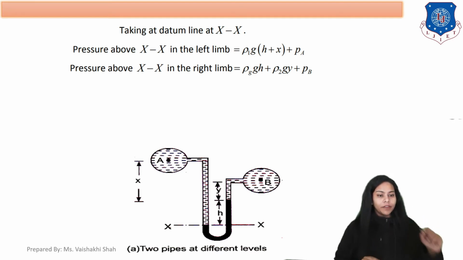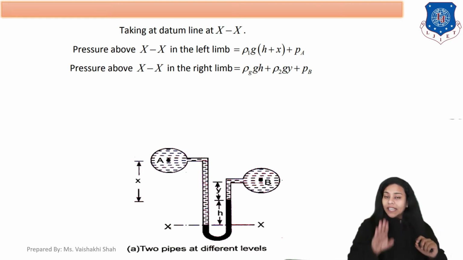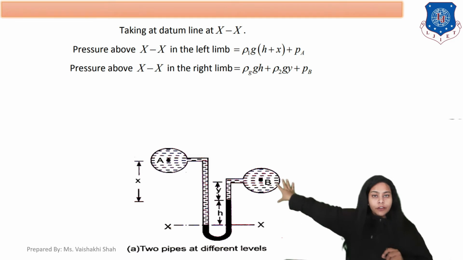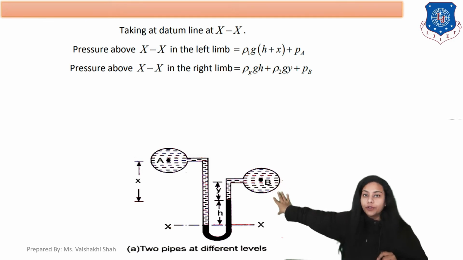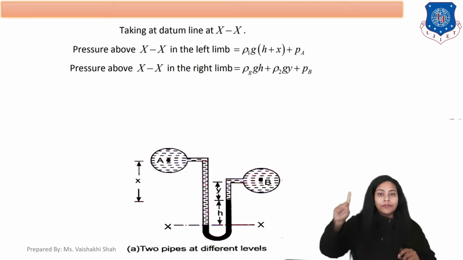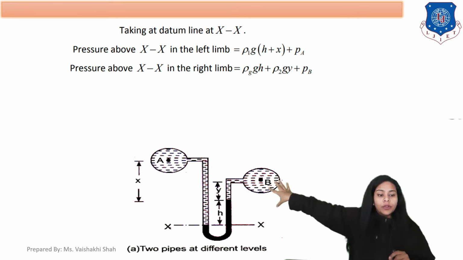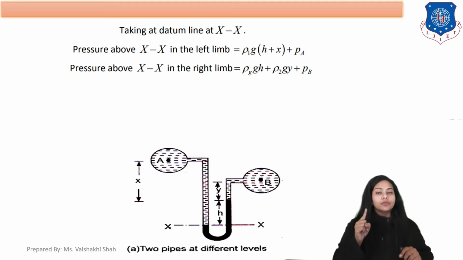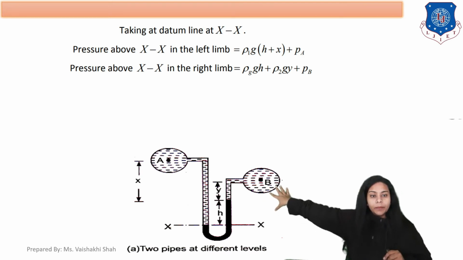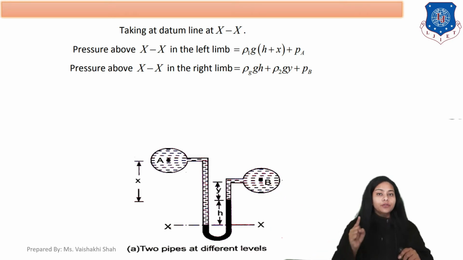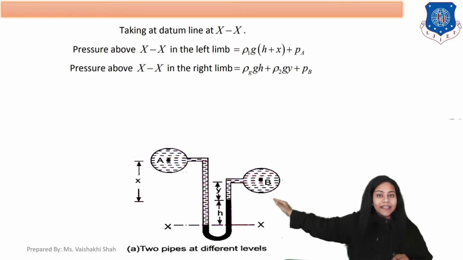In the right side there are two different liquids: the first liquid with density rho 2 and the second is mercury with density rho G. So the pressure due to the liquid in pipe B at XX is rho 2 into G into height Y.